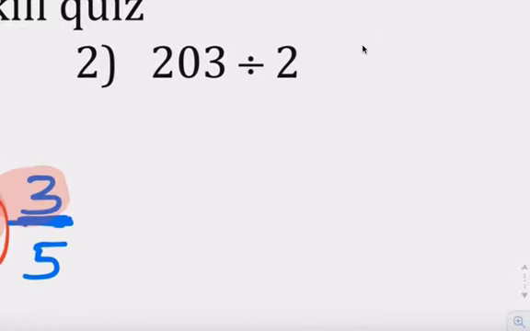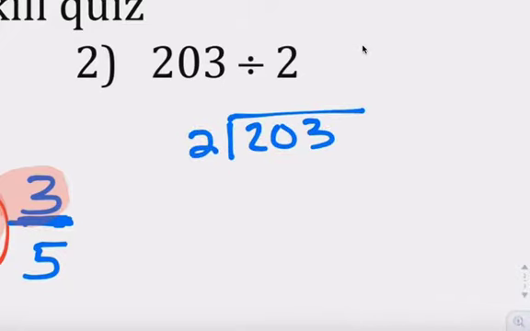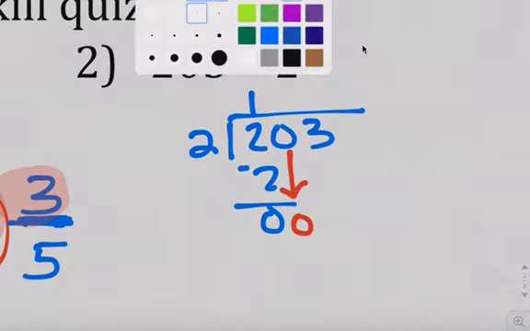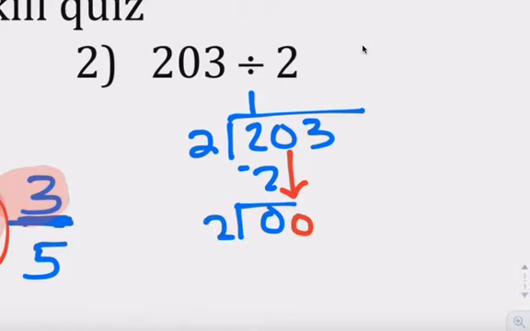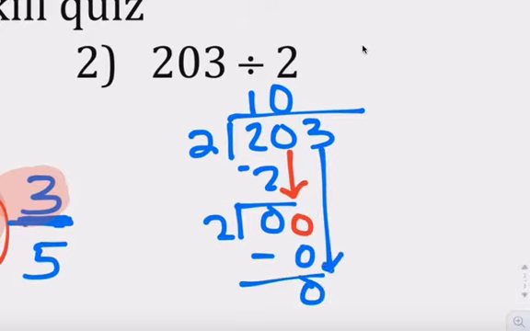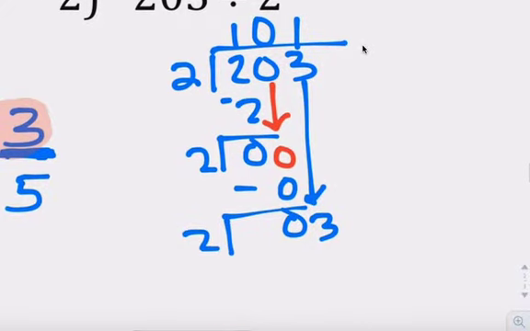So if you look, 2003 divided by 2 goes in 1 time. 2, 0. Bring this down. When you bring down a number, you have to divide. So you're dividing by 2. 2 doesn't go into 0, so it goes in 0 times. Subtract, bring down this 3. 2 goes into 3 1 time.